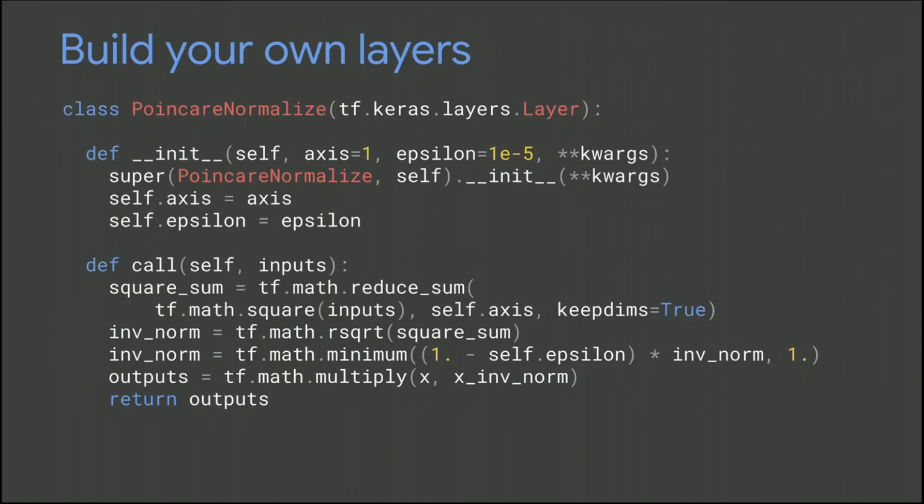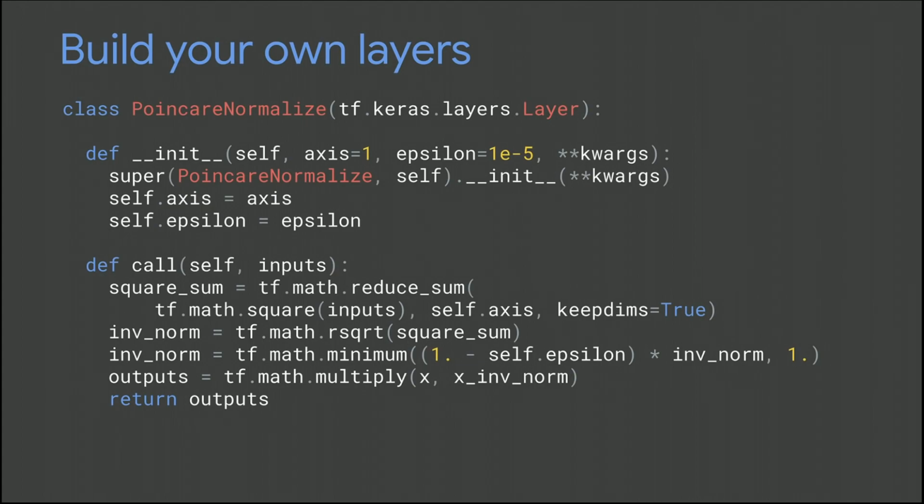And if you've got a custom use case that's actually not represented in one of the layers, and maybe you've got custom algorithms or custom functionality, one of the beauties of Keras is that it makes it easy to subclass layers to build in your own functionality. Here we've got a Poincare normalization layer. This represents a Poincare embedding. This is not provided out of the box with TensorFlow, but a community member has contributed this layer to the TensorFlow add-ons repository, where we provide a number of custom special use case layers.